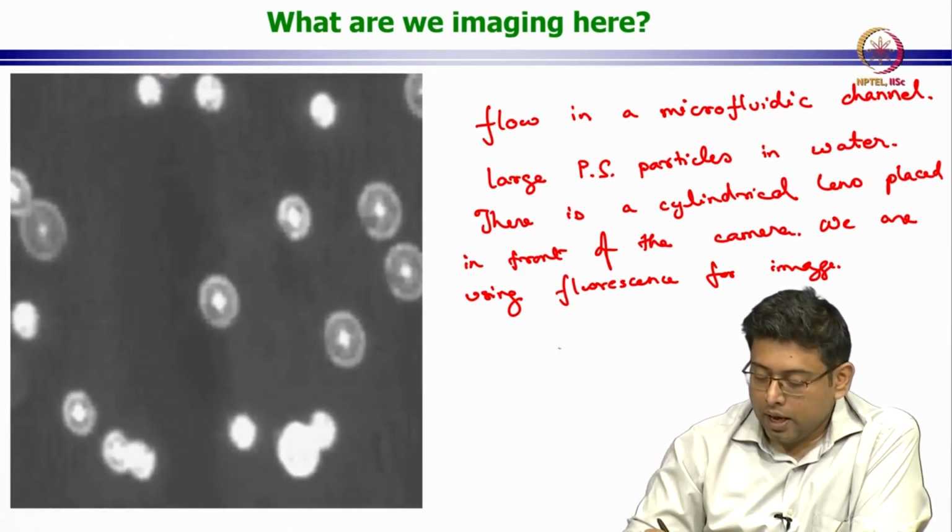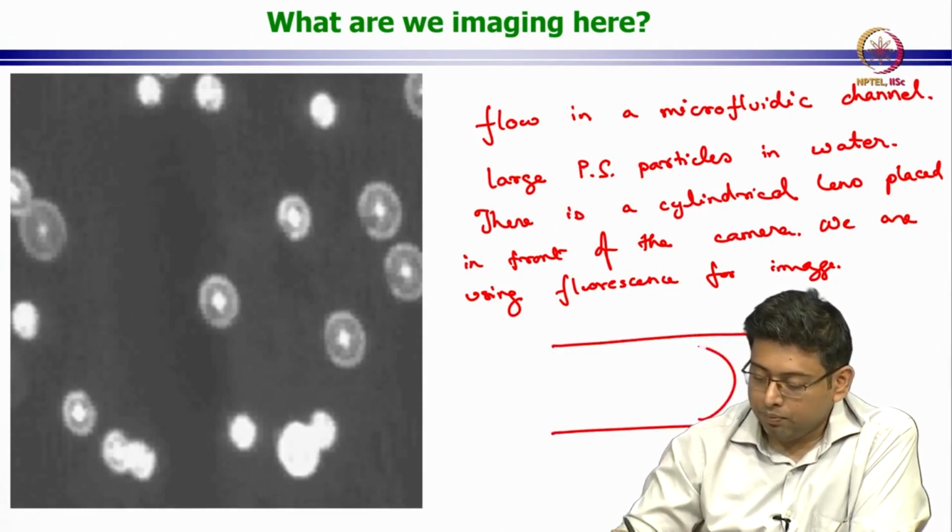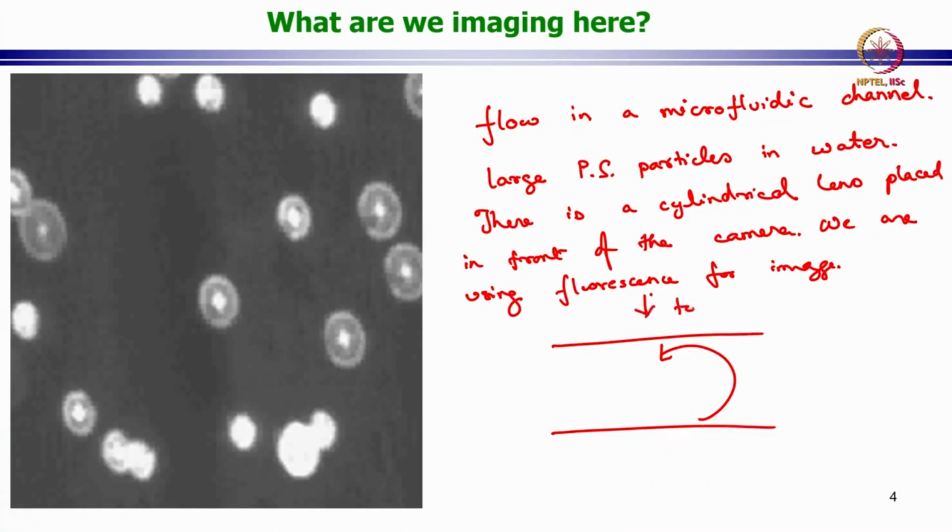So what is there is a vortex type of flow, and you are looking at it from the top. So the view is a top view. This particle is approaching your focal plane and then going out of it.